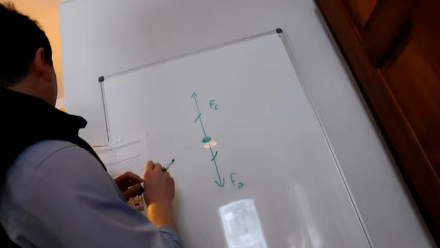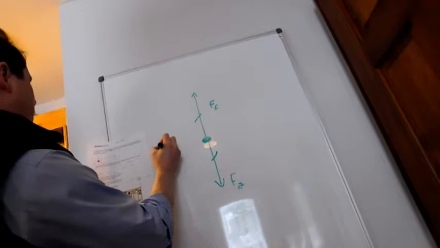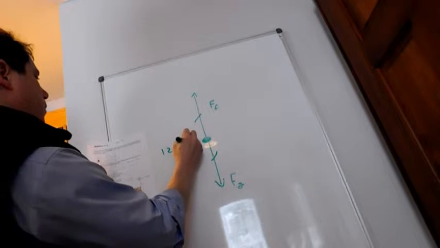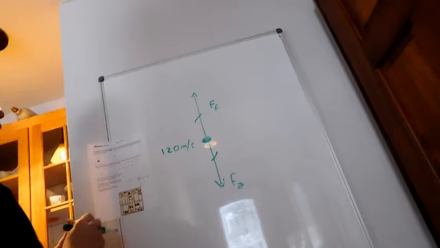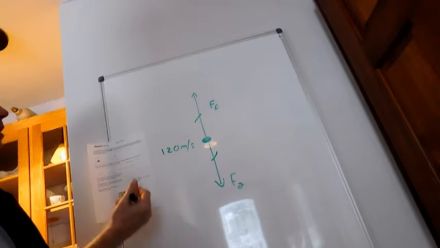All right. B, the box's velocity is constant, 120 meters per second. This is B, so we're adding on to this. And we explain whether the forces on the box are balanced or unbalanced and how you know this.